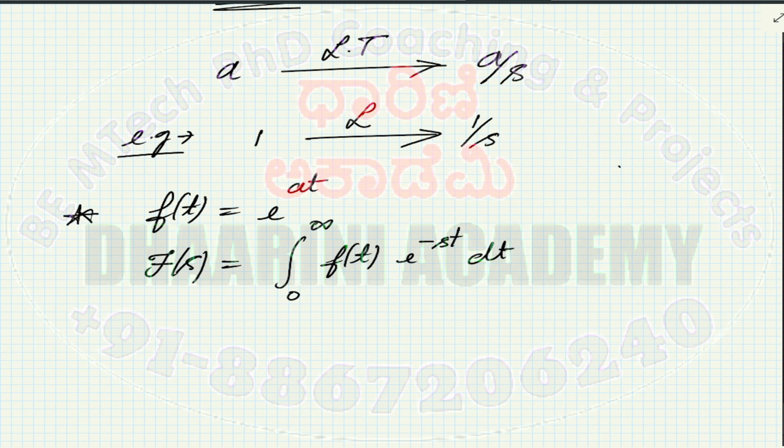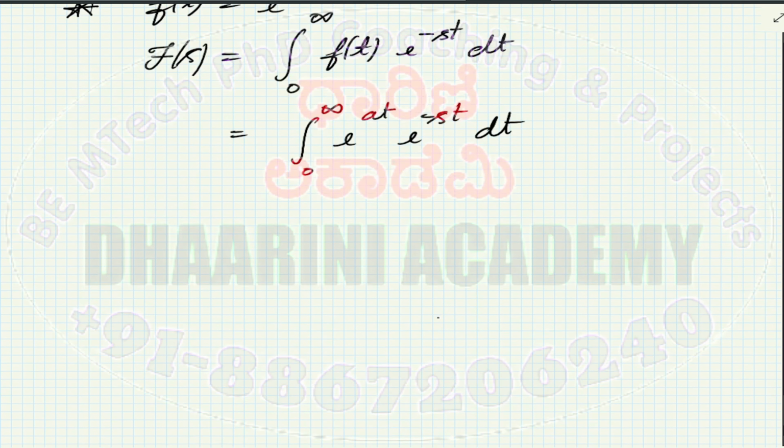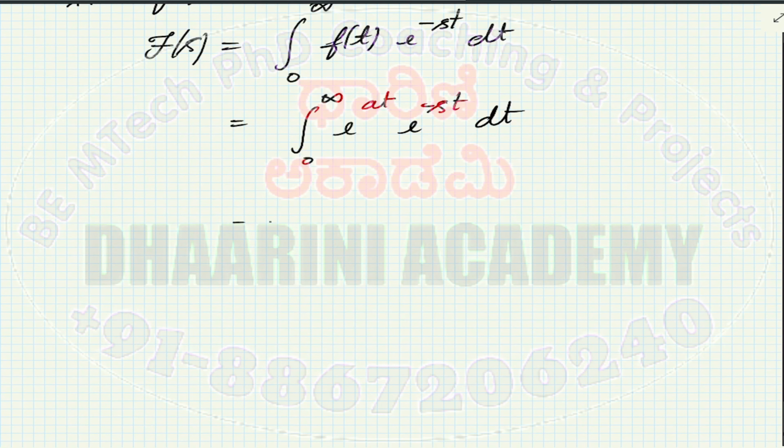So the integration has to be from 0 to infinity. This is e to the at into e to the minus st dt. This is equal to the integral from 0 to infinity of e to the power minus, so this is s minus a, into t dt.